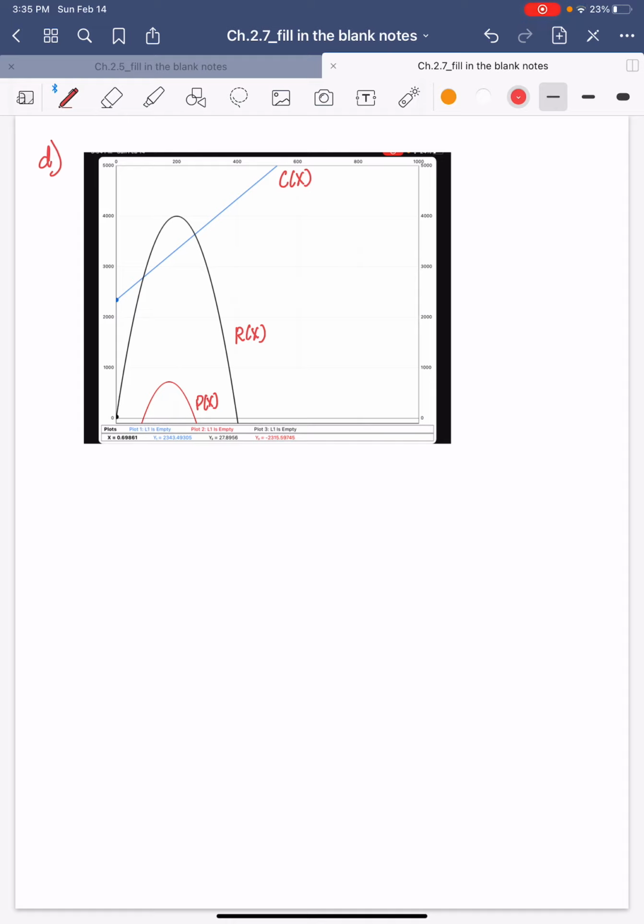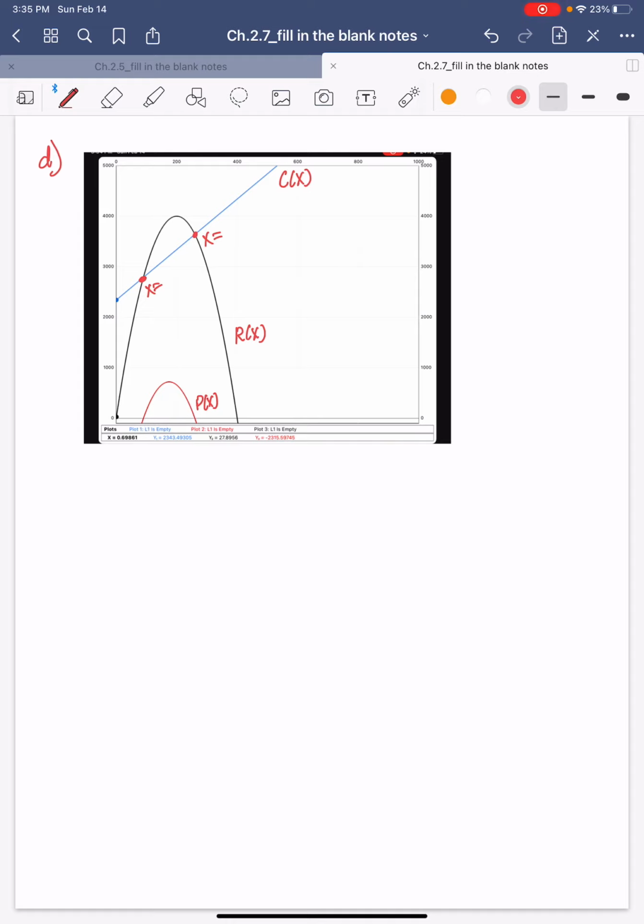And if you look at where R of x and C of x, there are 2 points. This point here and this point here. And these 2 points happen, and I'm going to use the calculator to get where that x value happens. Okay, and that will be your break-even point where they are equal to each other. That means intersection points.